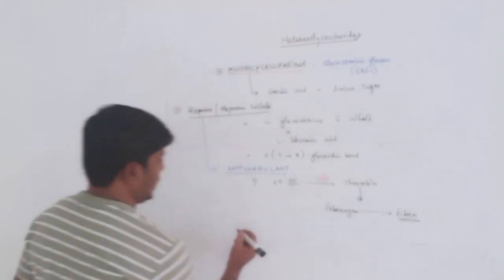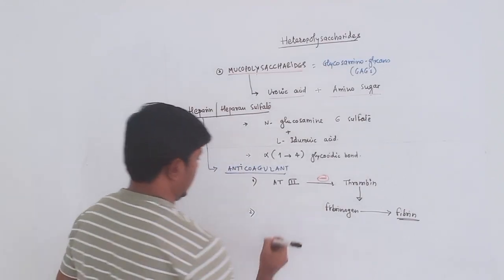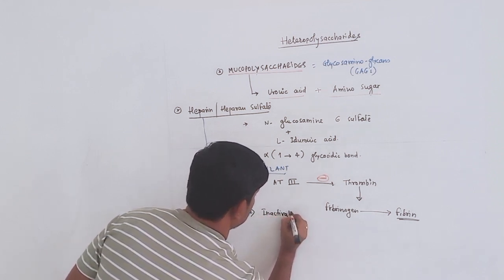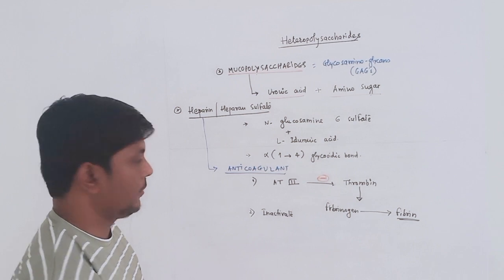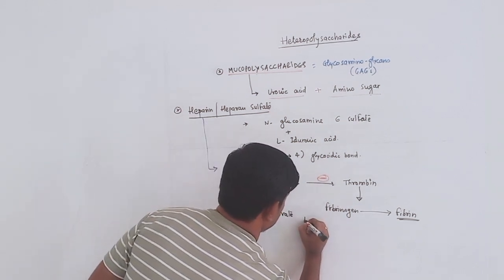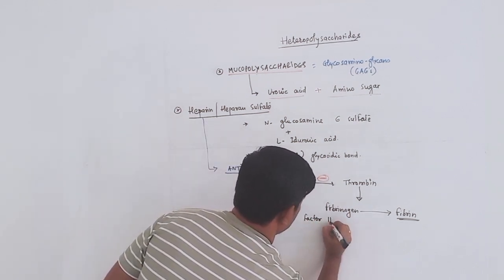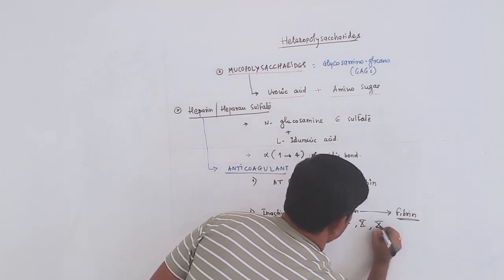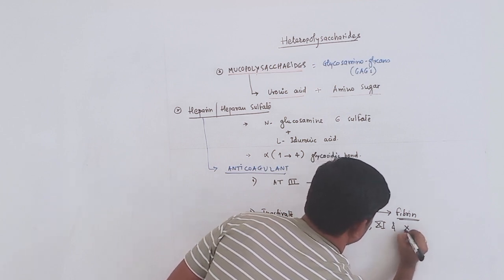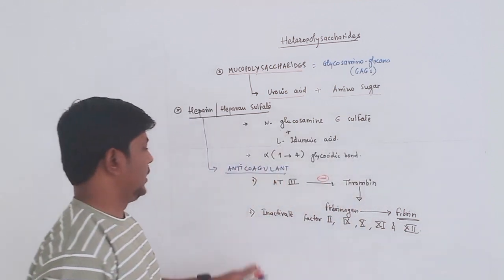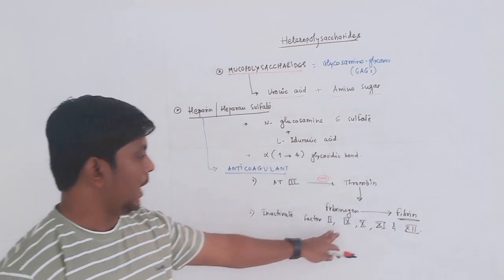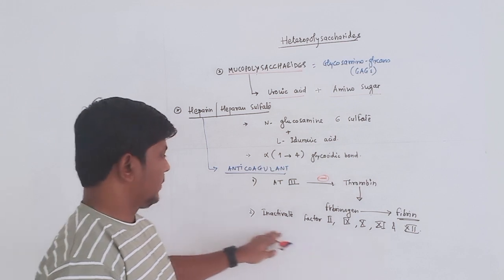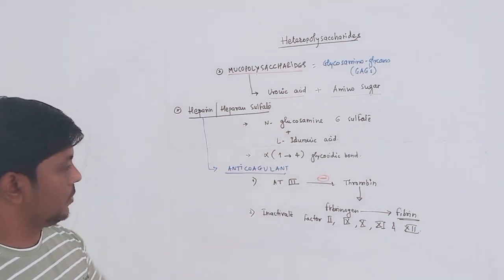Also, heparin inactivates some clotting factors like factor 2, 9, 10, 11 and factor 12. So because it inactivates these clotting factors, it prevents formation of clot.